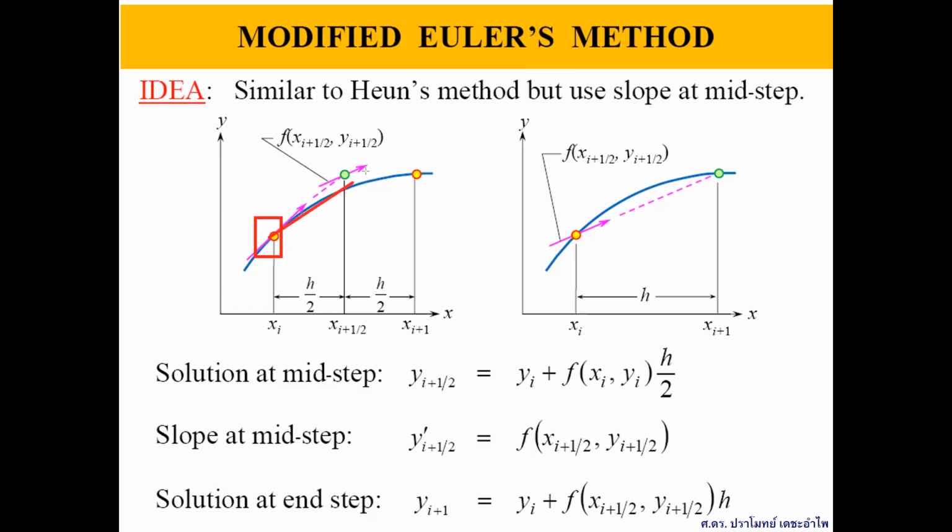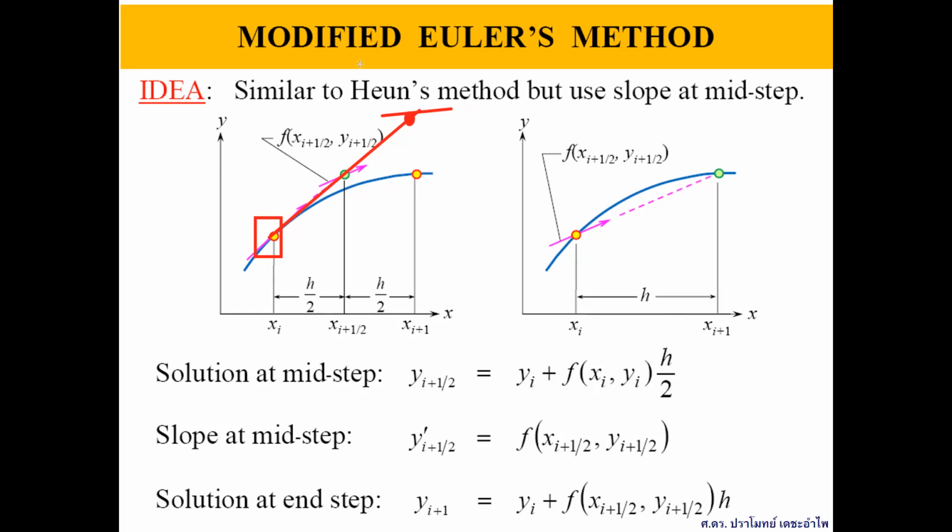If we use the Euler, we will get the solution at this point. And if we use Heun's, we will determine the end slope, and after that, we will use the average slope to predict the value of y in the next step.